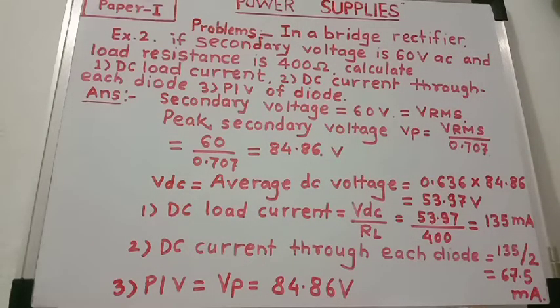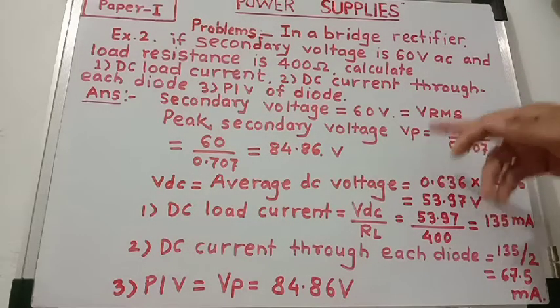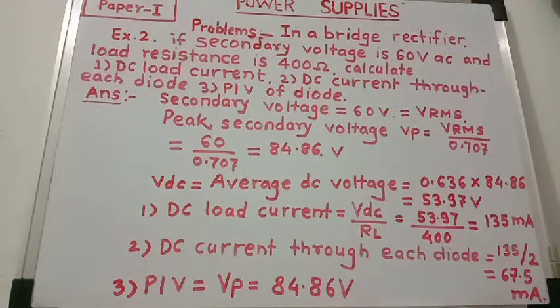So the peak voltage Vp is equal to 1.414 into VRMS, or Vp is equal to root 2 into VRMS.